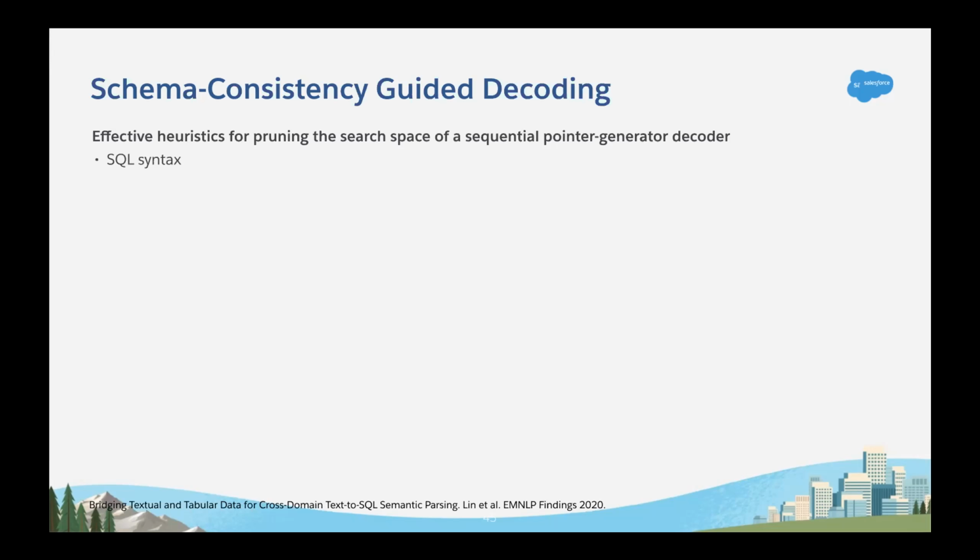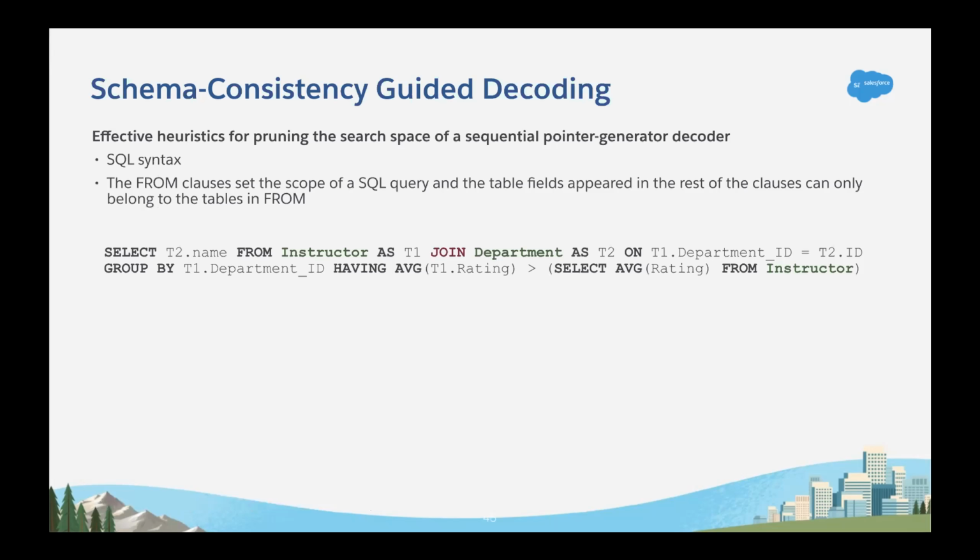In SQL, the syntax is first you have select, then from, then other conditions or tokens about conditions or nested conditions. But actually, when we write SQL, first you need to know what table you want to use, right? Very heuristic. Then you do other things. So here we add that heuristic in the decoding.